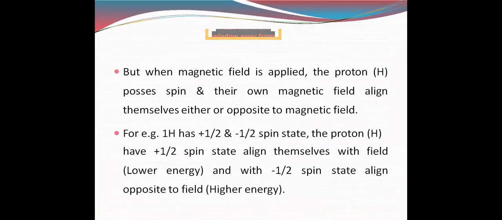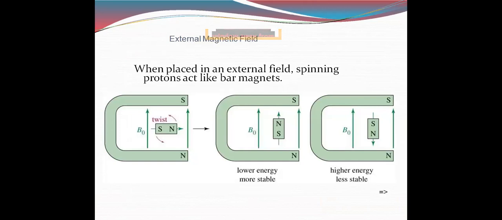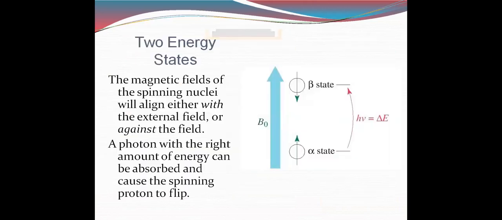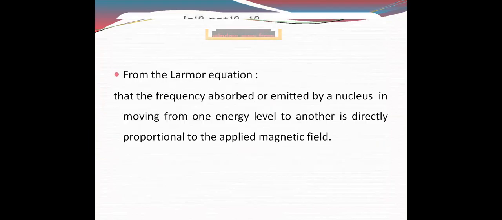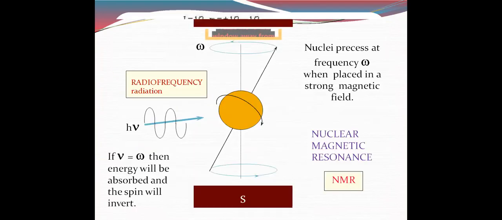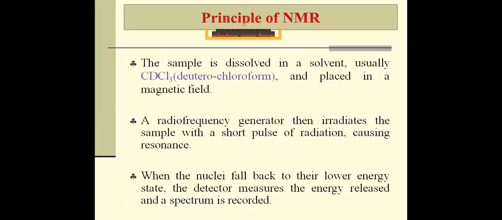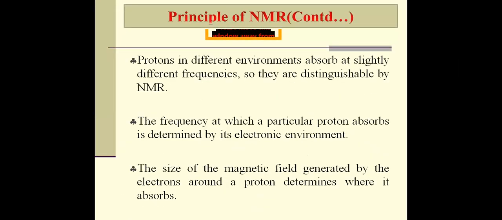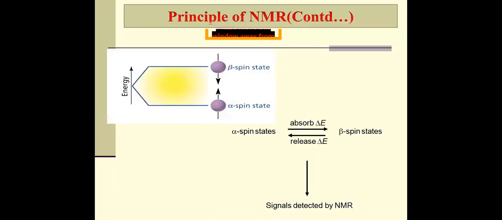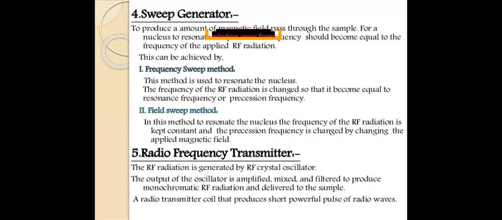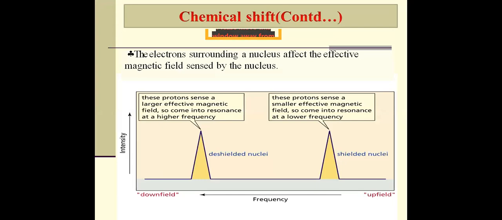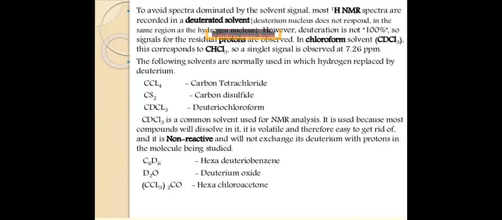We had also discussed chemical shift, the relaxation, and the solvents used in NMR. The instrumentation part of NMR we had also discussed, how many parts are required in the instrumentation.